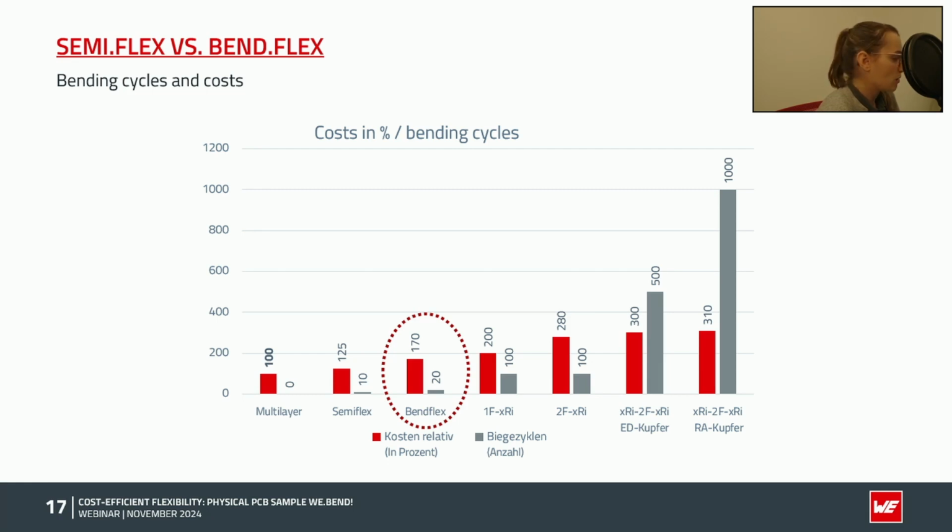They need only 10 to 20 times, because you have the installation. Maybe you have to take it out again and have a look or something like that and put it in again. So approximately 10 to 20 bending cycles would be good. And for the bend.flex, you have exactly those 20 bending cycles, but only 170% of the costs instead of 280% for a rigid flex.